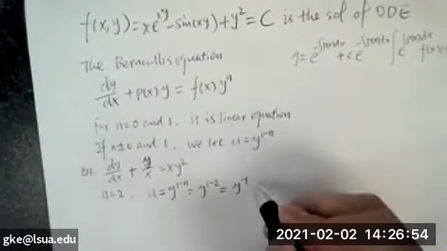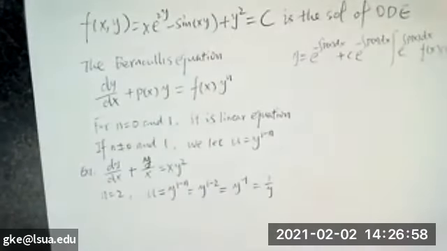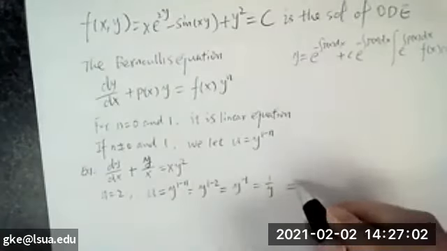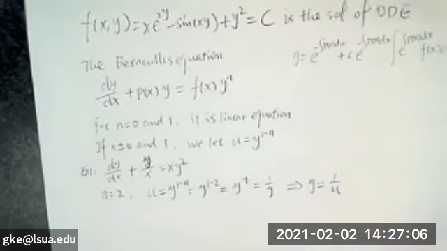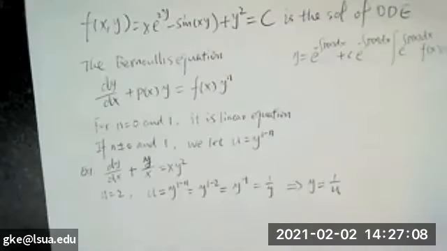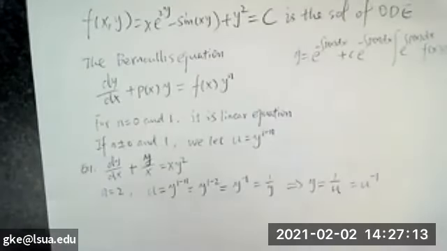Or you can write down 1 over y, so u equals 1 over y, and you can solve it. So y equals 1 over u, or people like to write it as u to the power -1. Whatever you want.